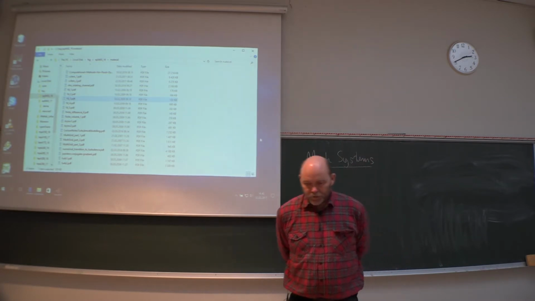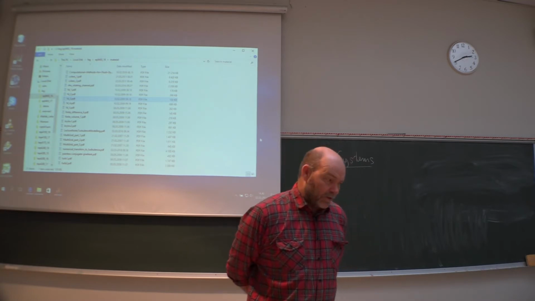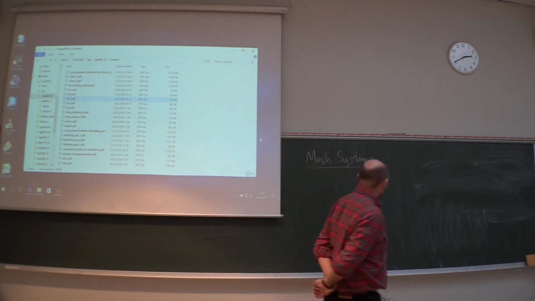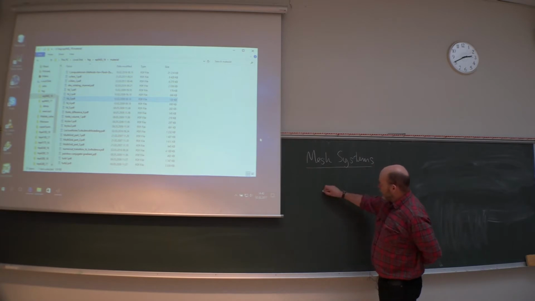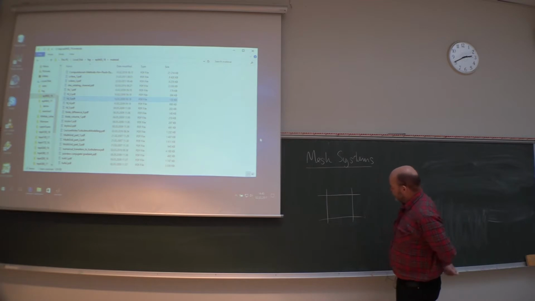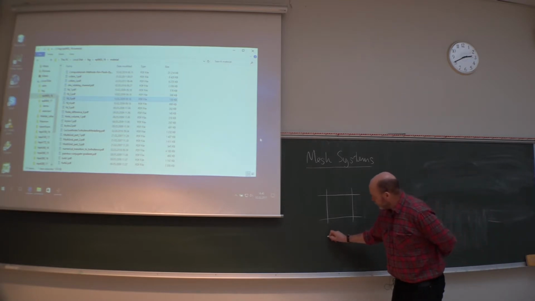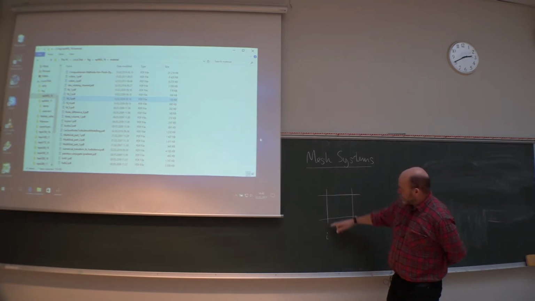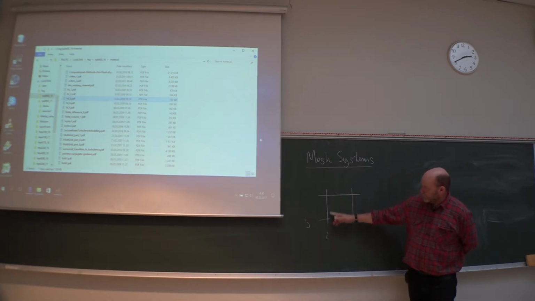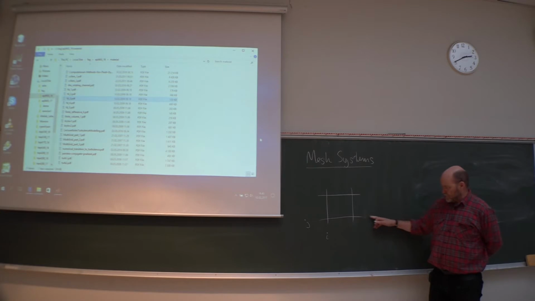We have some choices when we discretize the space. So here now is my computational cell. In the example that we had, I used i and j for these lines. So this is line number i, this is line number j.